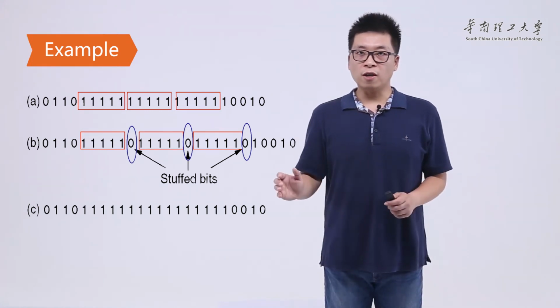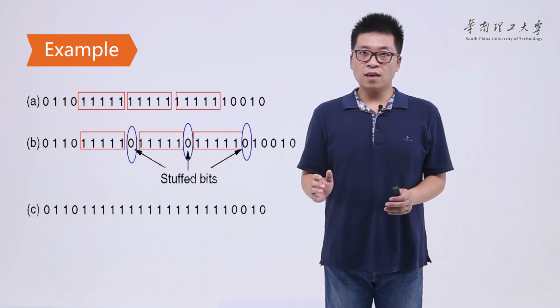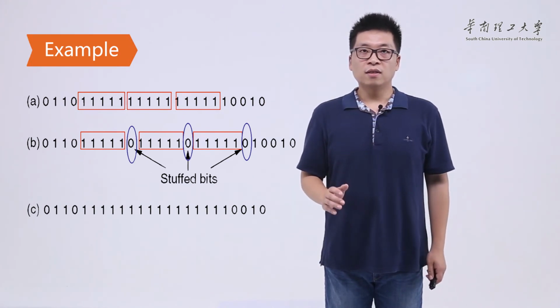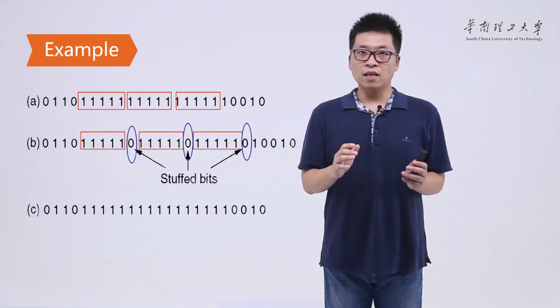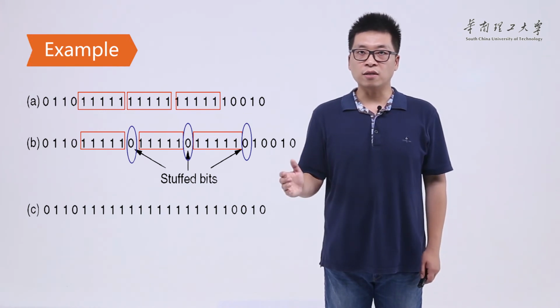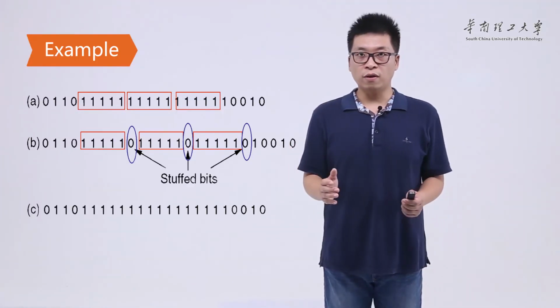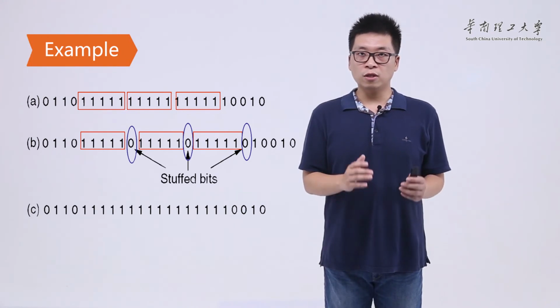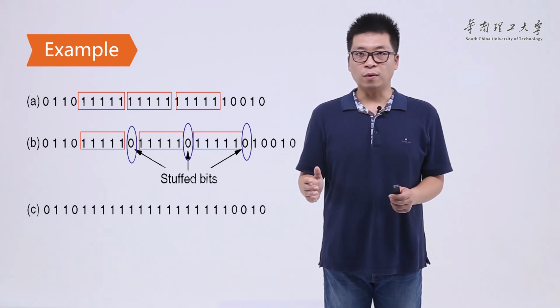When the bit stream is received, the receiver will scan the data again. If it finds 5 consecutive ones, it will check whether there is a 0 following. If there is a 0 following, then the receiver will automatically remove the 0 and convert it back to the original bit stream.